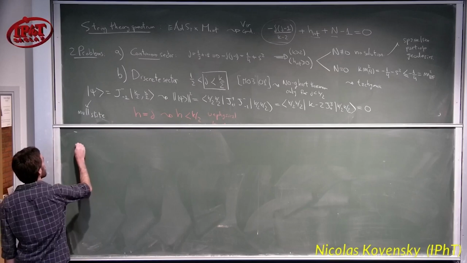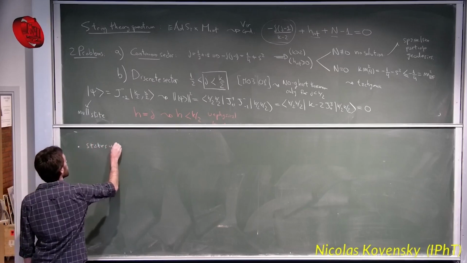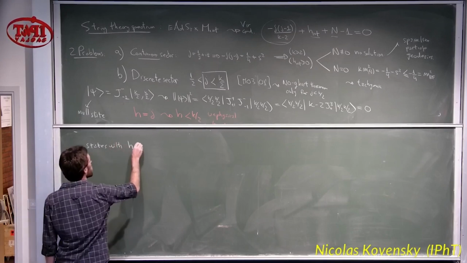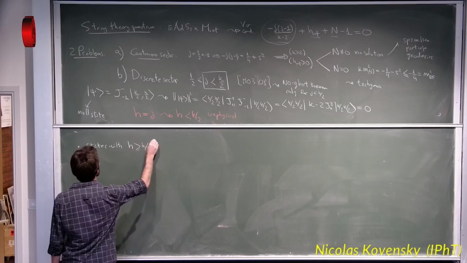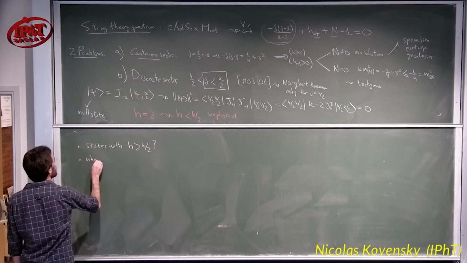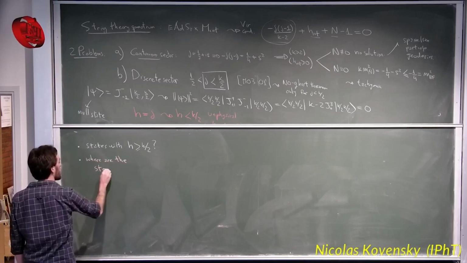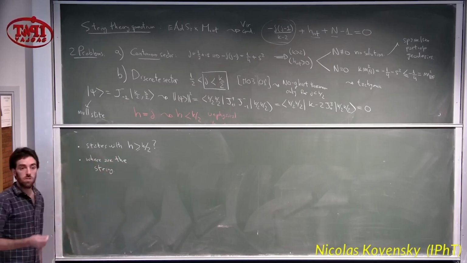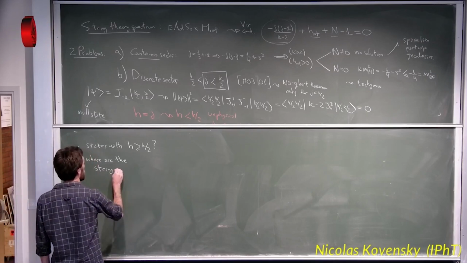So the problem is, how do I construct states with j being larger or equal to k over 2? And the second question is, what are the string states, right? What we call the string geodesics, the long and short string geodesics.